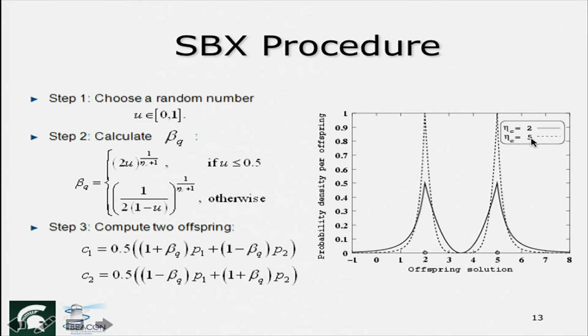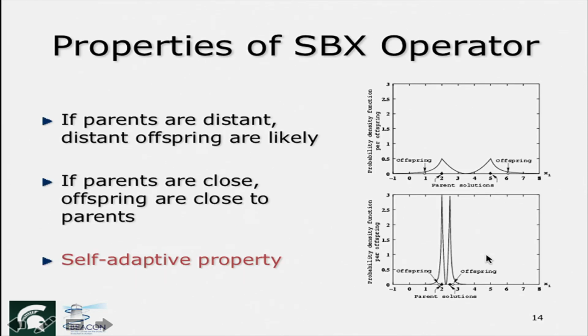But if you now increase eta c to 5, it has almost half the probability to be created as a child. So now you are creating more and more points close to 2 and close to 5. So that's the effect of eta c. But still, this distribution is governed by the difference between the two. You see, p2 minus p1 will come in both these. The difference is very important, and I'm going to show you next that effect. Now I'm fixing eta. I told you use eta equal to 2.